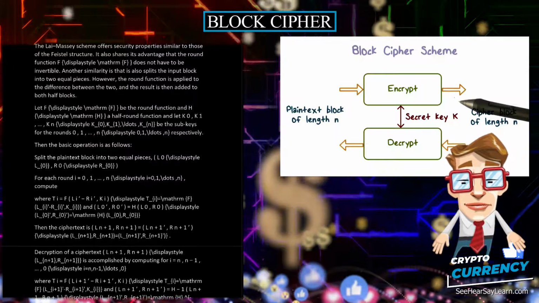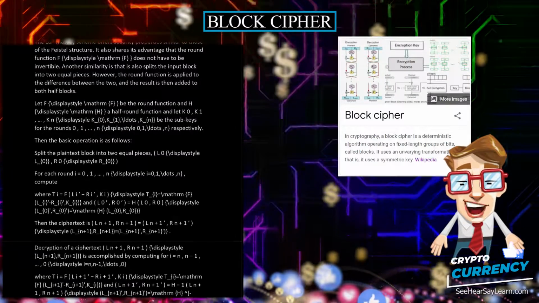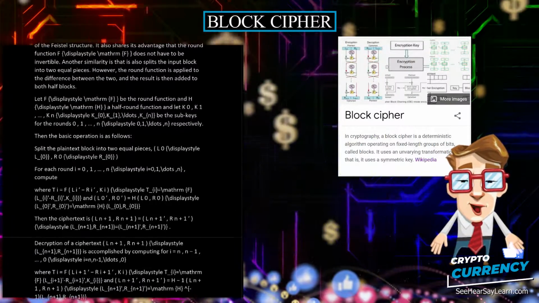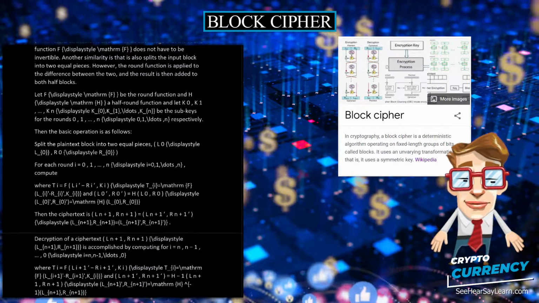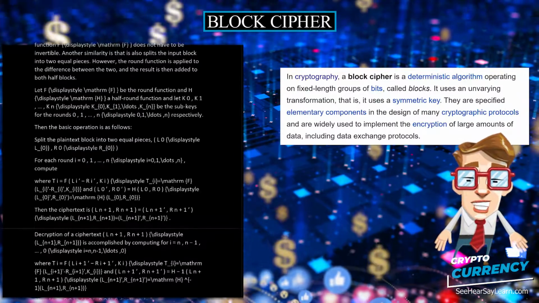Split the plaintext block into two equal pieces, (L_0, R_0).